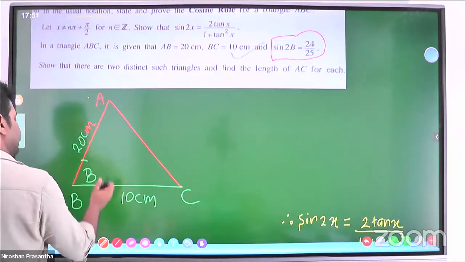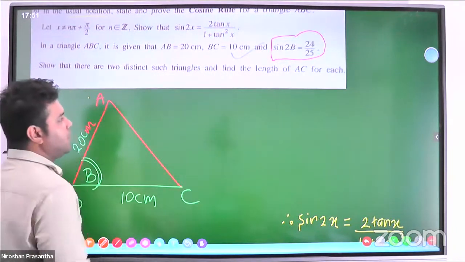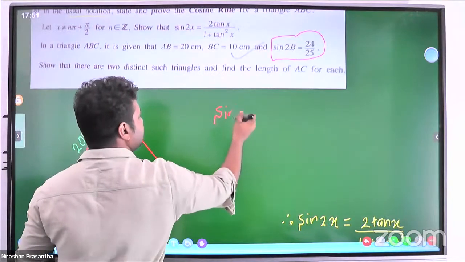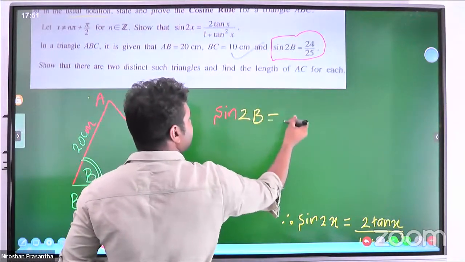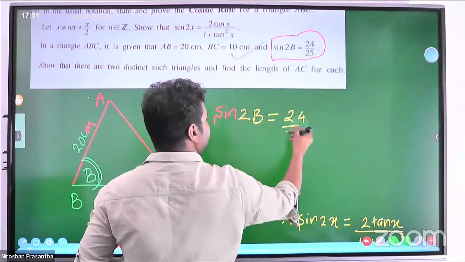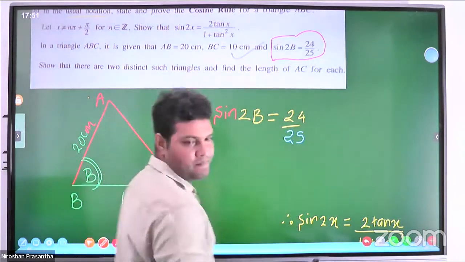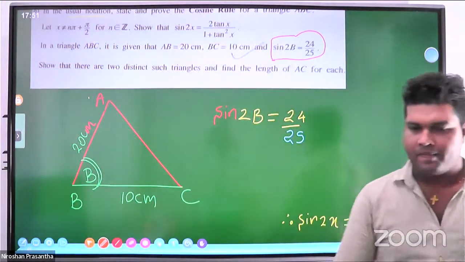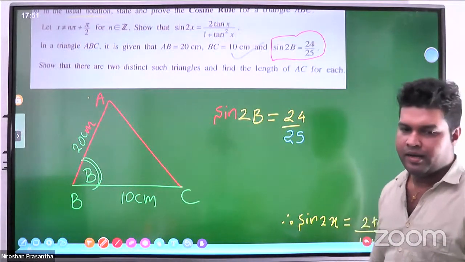There's a B inside there because this is asked about B. And sine is to be given as 24 over 20.